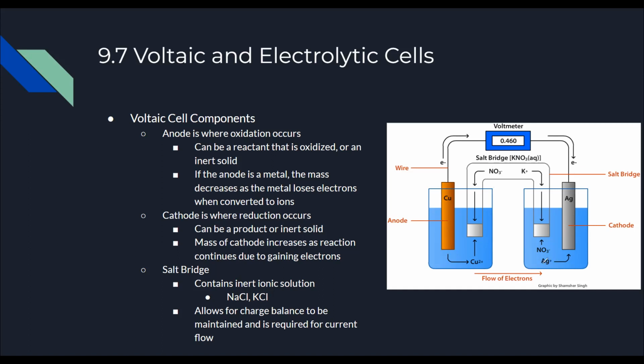As there are Ag+ cations, the electrons add up. So the mass of the Ag gets higher while the mass of the copper gets lower. Basically, the mass of the cathode increases as the reaction progresses, while the mass of the copper decreases.